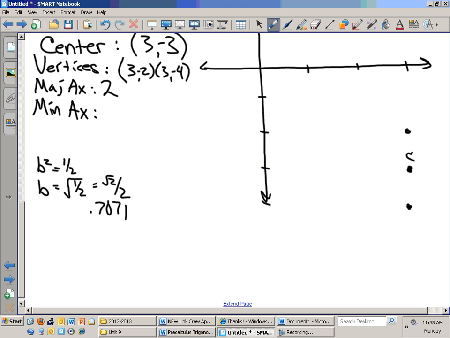So the minor axis, I go 0.7071 in each direction. I now have enough information to sketch it. So the length of the minor axis is going to be twice the square root of 2 over 2. What's twice the square root of 2 over 2? Square root of 2.